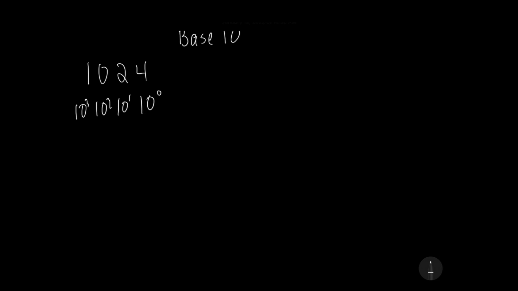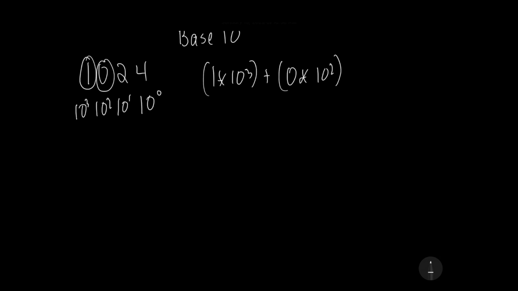So right here, we're going to have 1 times 10 to the power of 3 plus 0 times 10 to the power of 2, which is going to be nothing, plus 2 times 10 to the power of 1 plus 4 times 10 to the power of 0.